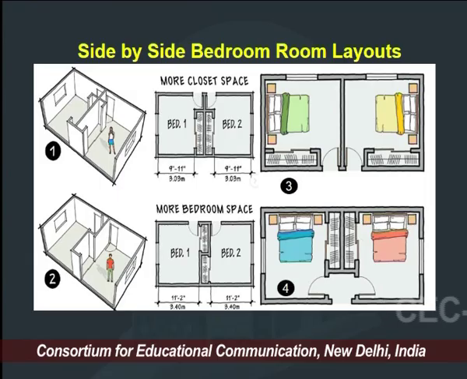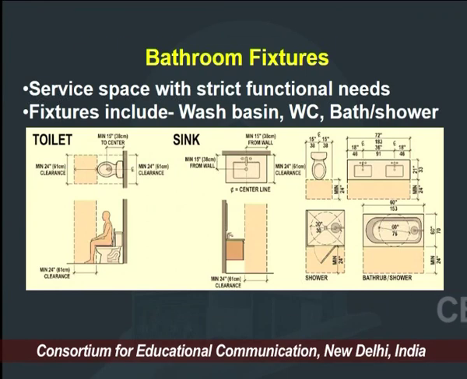So depending upon again the user need, requirement and the proximity chart that you will be working on, this decision has already been made. So once that is already decided, you can go ahead and work on placing the bedrooms in proper placement areas.